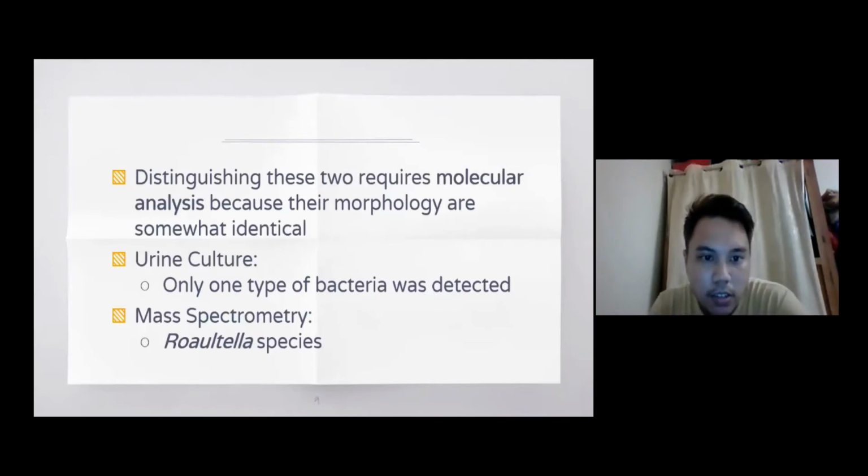Under the urine culture, only one type of bacteria was detected, and the case was not yet identified. Mass spectrometry was conducted, and a Raoultella species was identified, but it was still not confirmed.